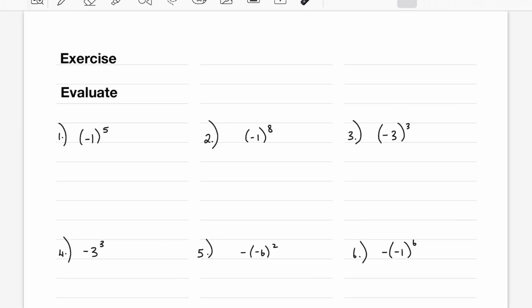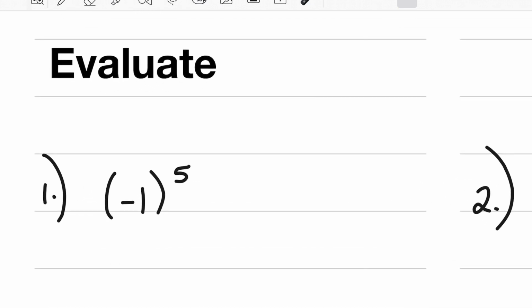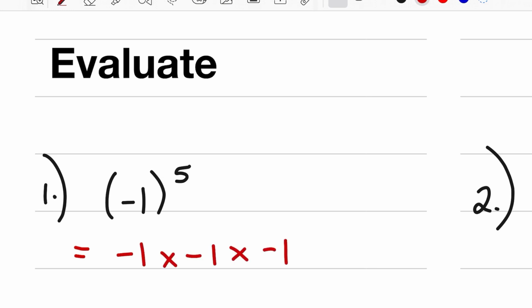Okay, so let's take a look at question 1. We have to evaluate, or find the value of, minus 1 to the power of 5. I'm going to write this first one out just so you can see. Minus 1 multiplied by minus 1 multiplied by minus 1 multiplied by minus 1 multiplied by minus 1.